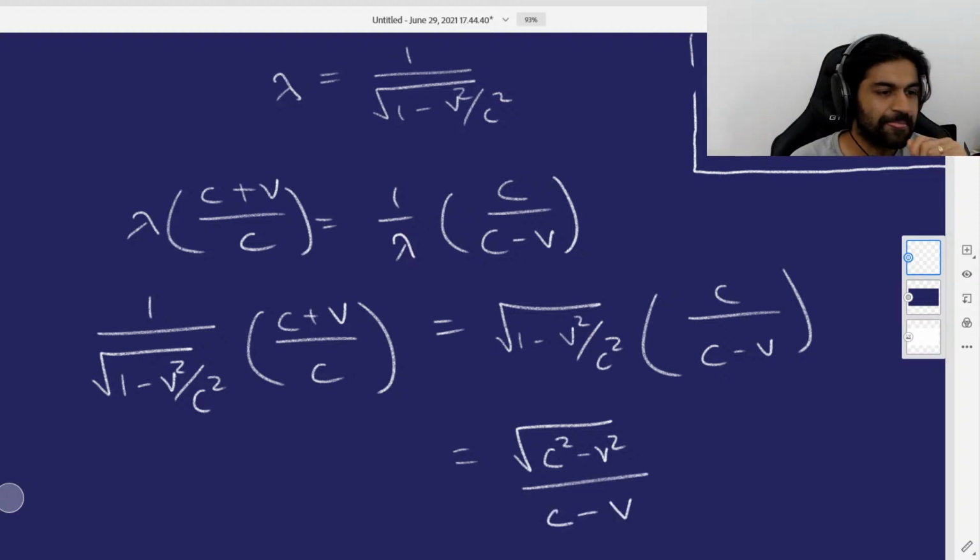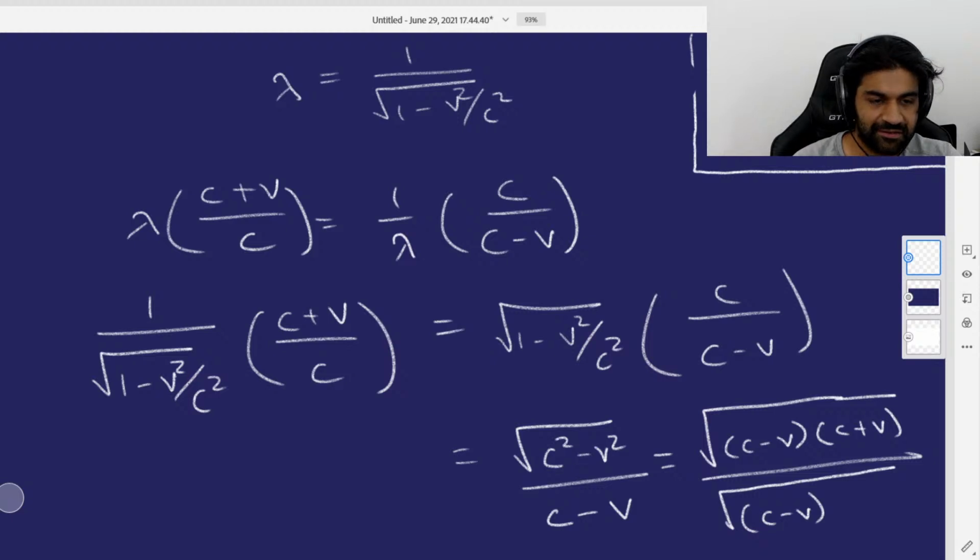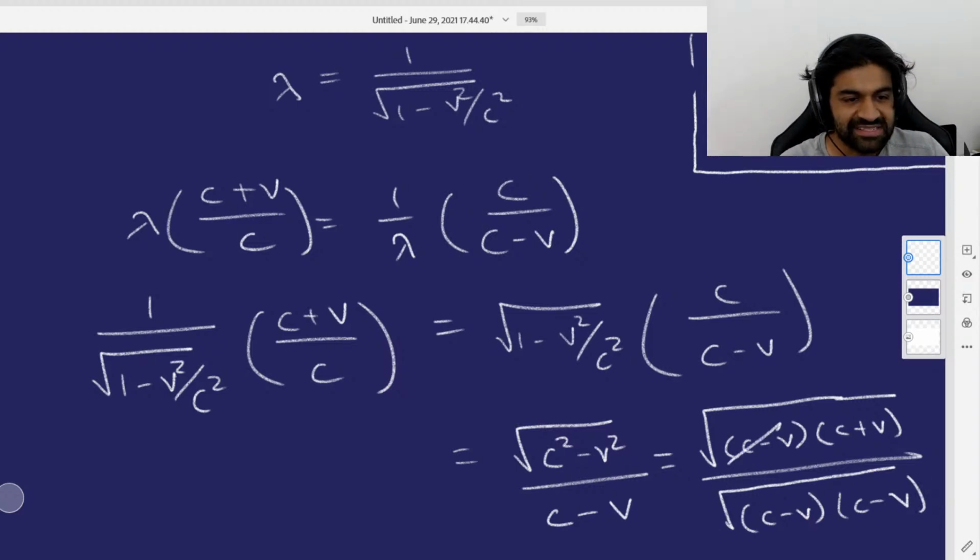Then you can rewrite this as the square root of c minus v times c plus v, and you can rewrite the denominator as the square root of c minus v, quantity squared. So c minus v, c minus v. This lets you cancel out the c minus v's.